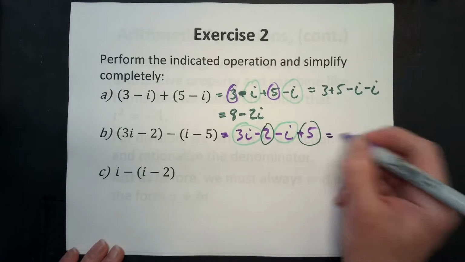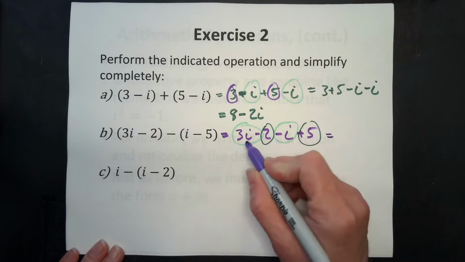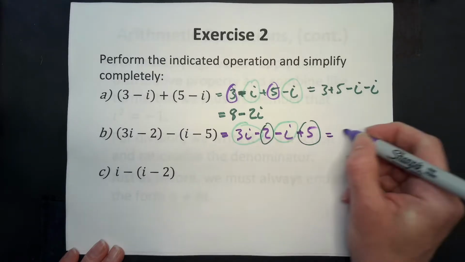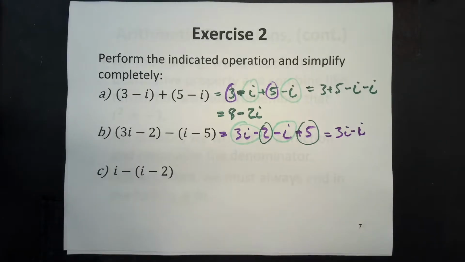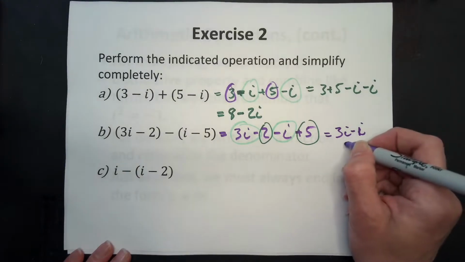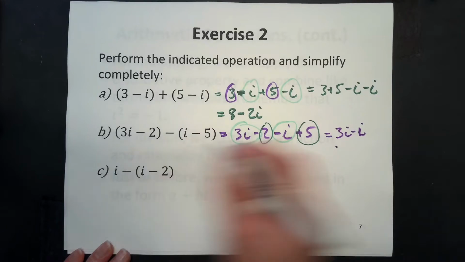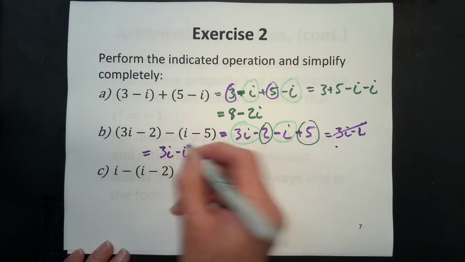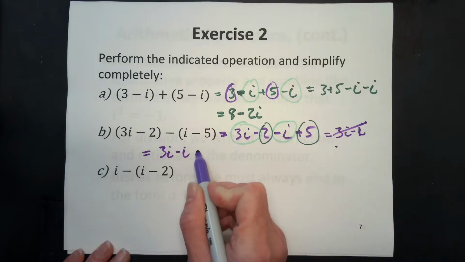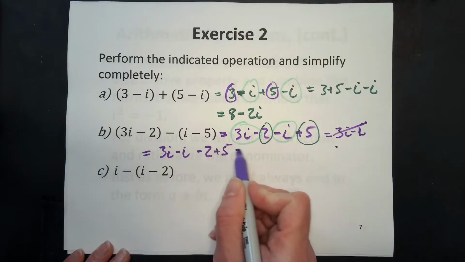So that's going to be 3i minus i, actually, let me do this on another line. It's going to give me 3i minus i, and I'm going to get negative 2 plus 5.